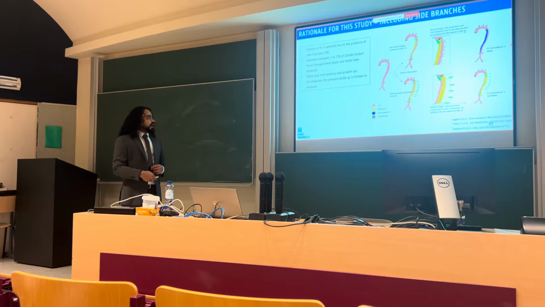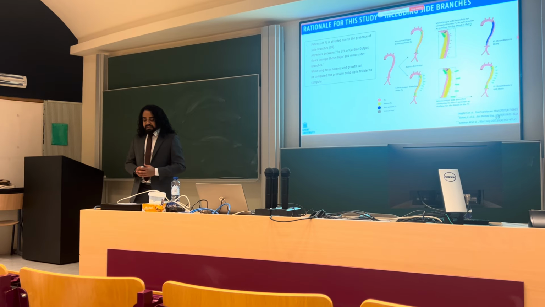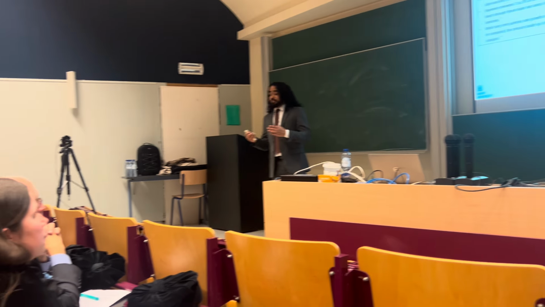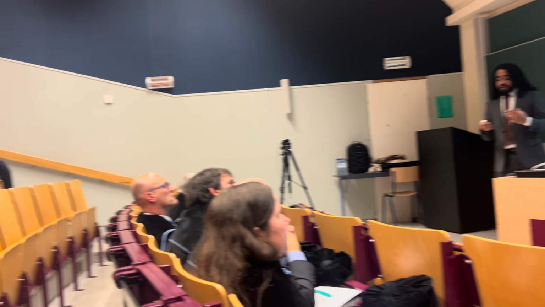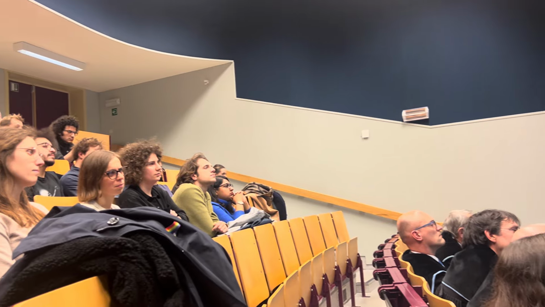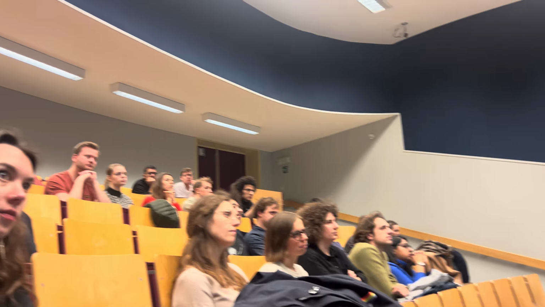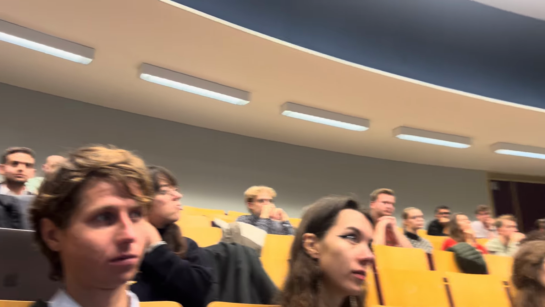So while there have been some studies that look into the patency and long-term growth with the presence of these side branches, the pressure buildup in the false lumen with the presence of these side branches, which is very important, has not been studied, and that's precisely what we're interested in.